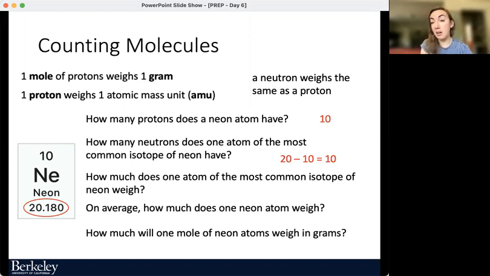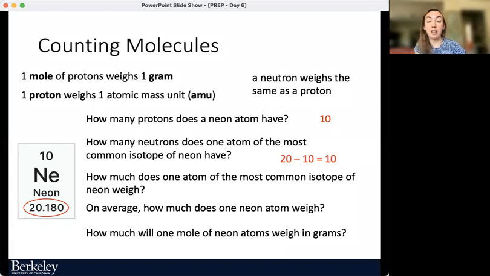The most common isotope then has a mass of 20. One atom has to have a whole number of neutrons. We can't have one atom that has 10 protons and 10.18 neutrons. We can't have 0.18 of a neutron.